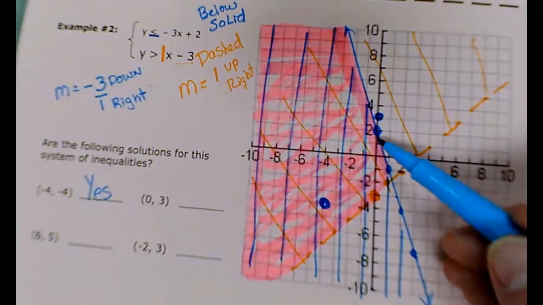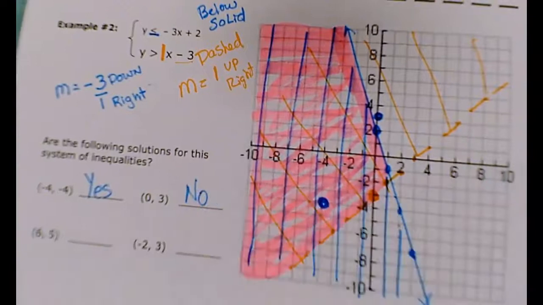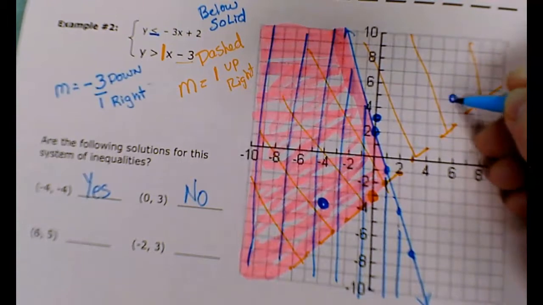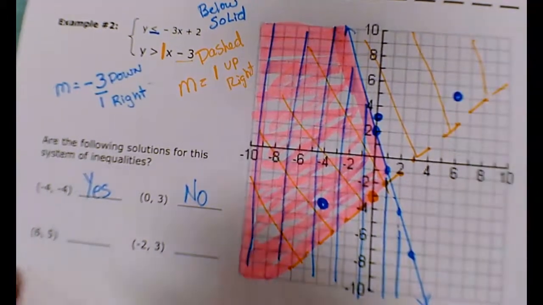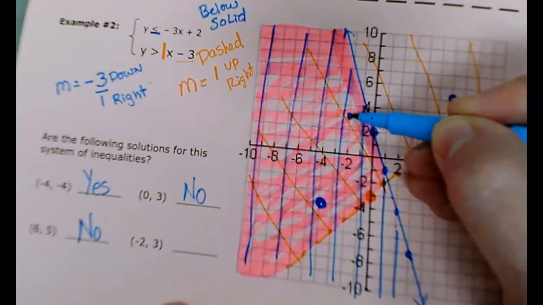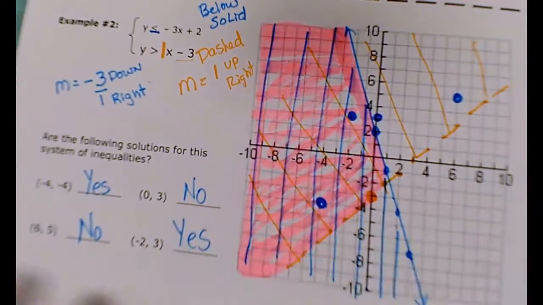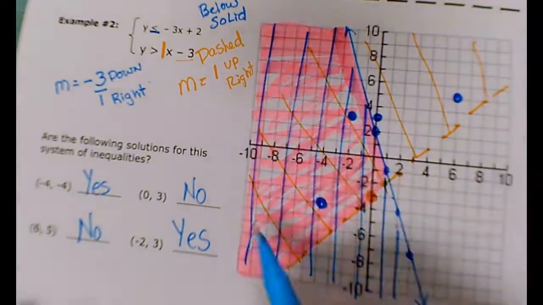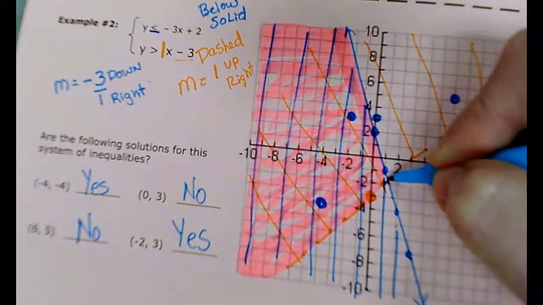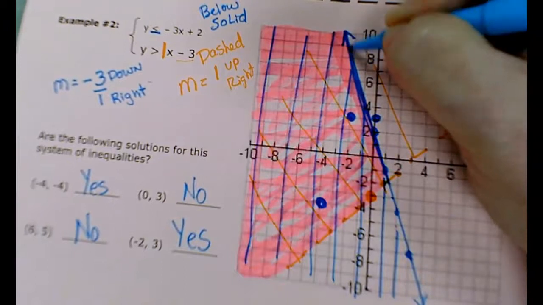Nope, it's just a little bit too high. 0, 2 was in, 0, 3 is out. 6 and 5. Not even close. Negative 2 and 3. Any point in the shaded in part and any point on the line from here up is part of the solution.